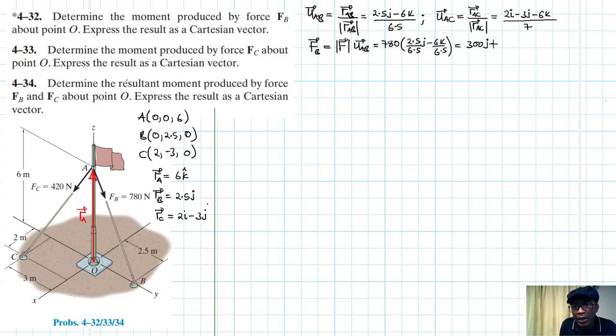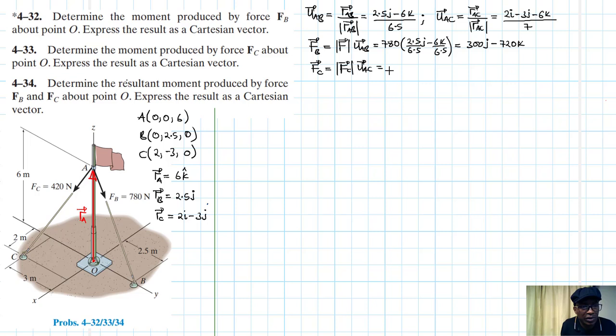Okay, minus 6 divided by 6.5 times 780. This gives us 720K. Alright, let's convert FC into a force vector also. So we are multiplying FC, this magnitude, by the unit vector UAC.